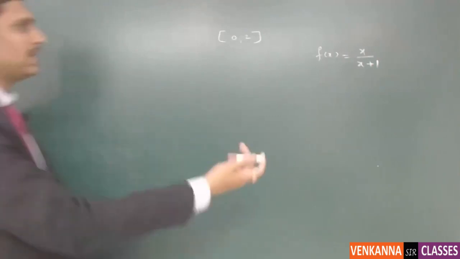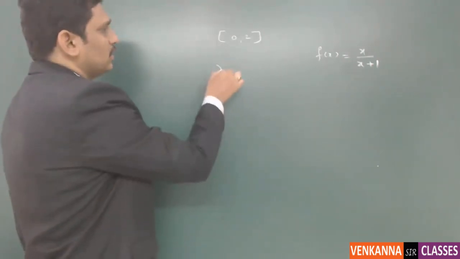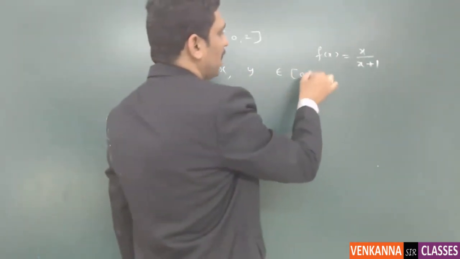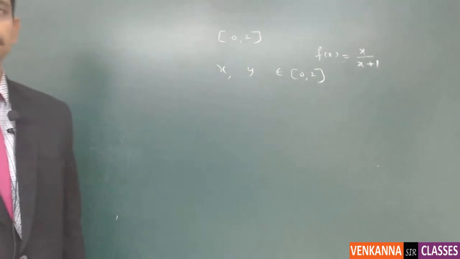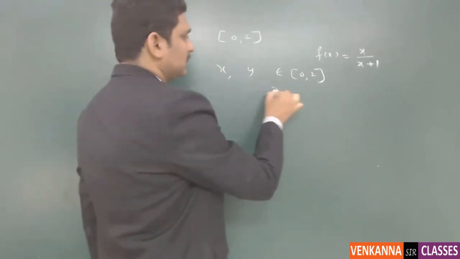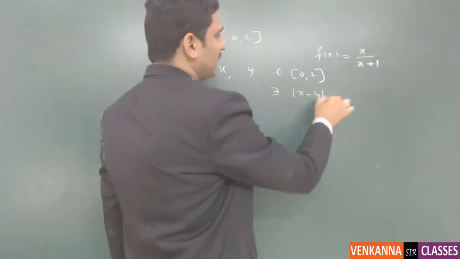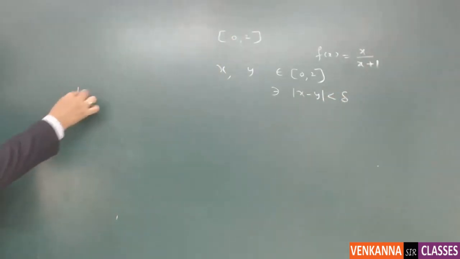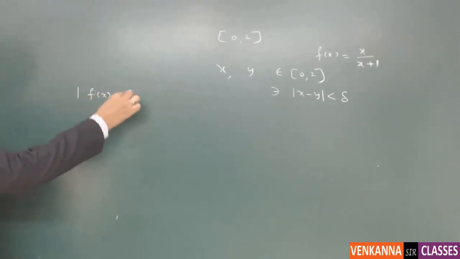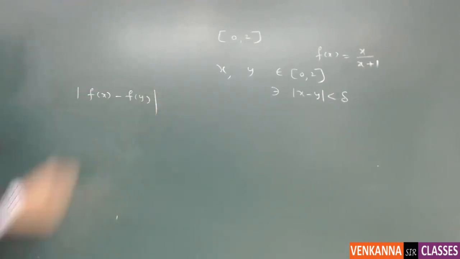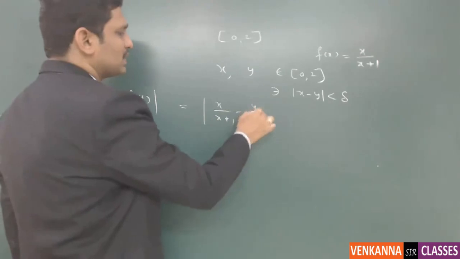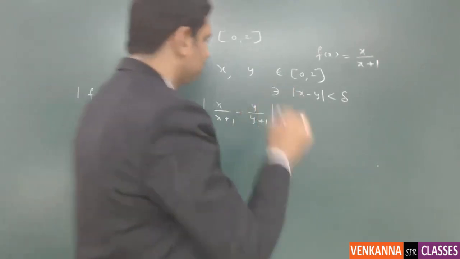So you take any 2 points, say x and y, belonging to the closed interval [0, 2], such that |x - y| < delta. Now you consider |f(x) - f(y)|. If you substitute the values, it is x/(x+1) - y/(y+1).